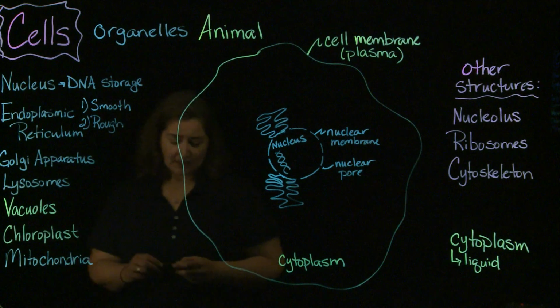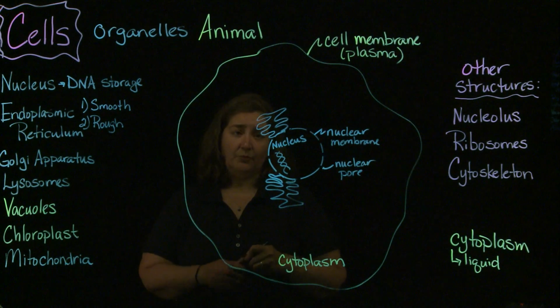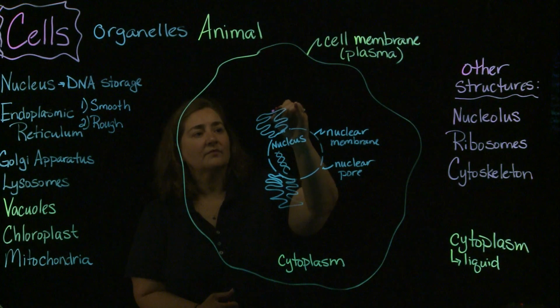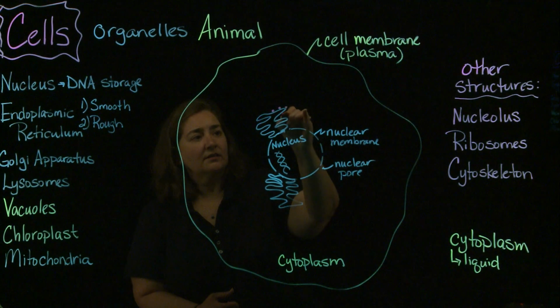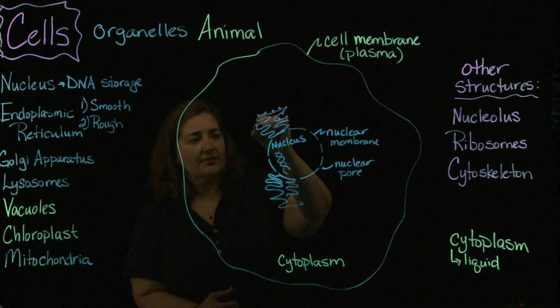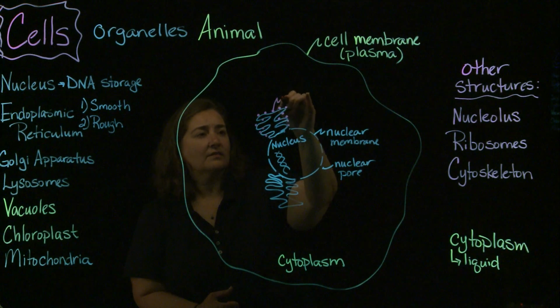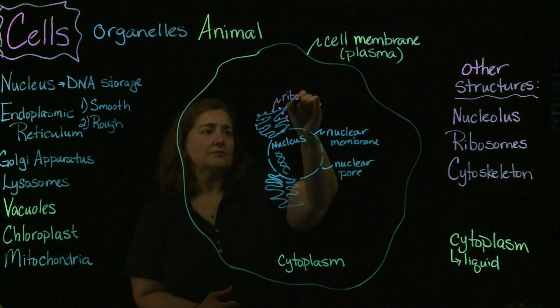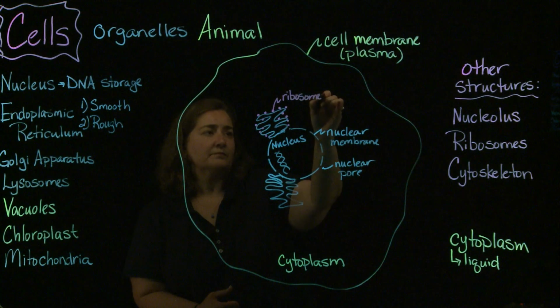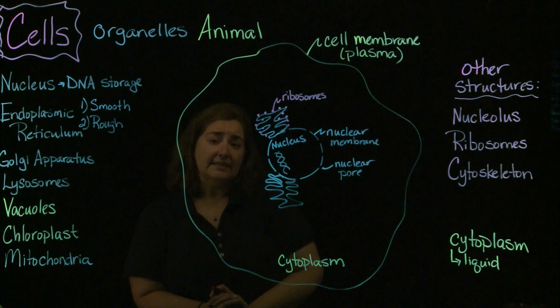All right? And what makes the endoplasmic reticulum rough, I'm going to draw this as little dots. And what the little dots are here, these are ribosomes. Okay? And those ribosomes are going to assist in making proteins within the cell.